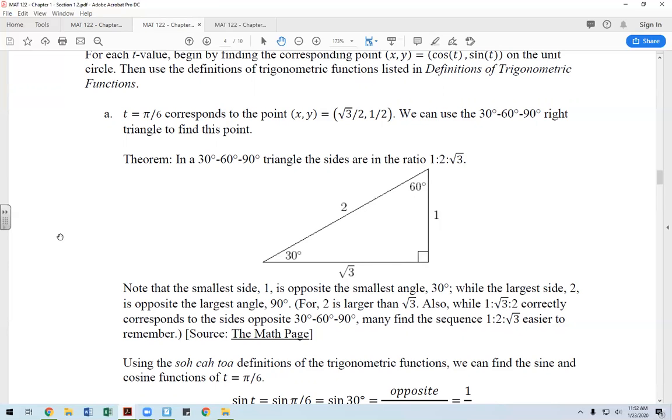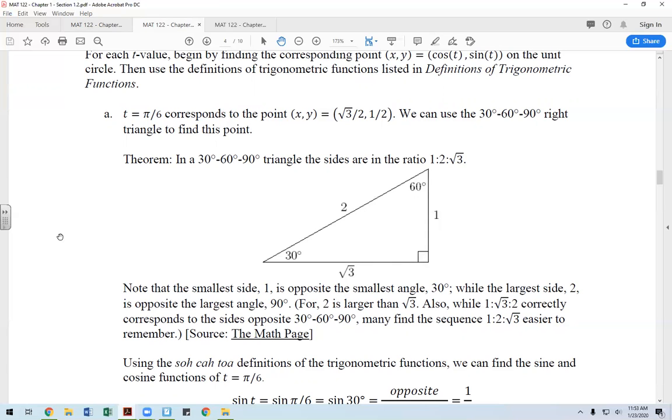So the 30, 60, 90 degree triangle, the ratio for the sides is going to be: the shortest side is going to be 1 unit, the second side is going to be square root of 3, and the hypotenuse is going to be 2. Now think about what is the approximate value of square root of 3? Even if you think 1.5, it's actually 1.7, square root of 3 is going to fall between 1 and 2, right?